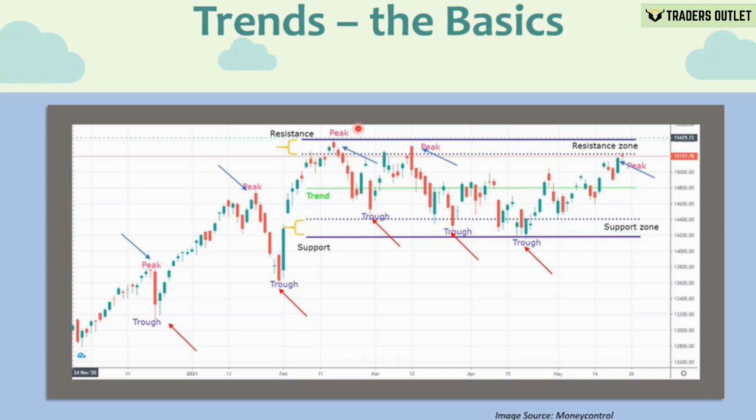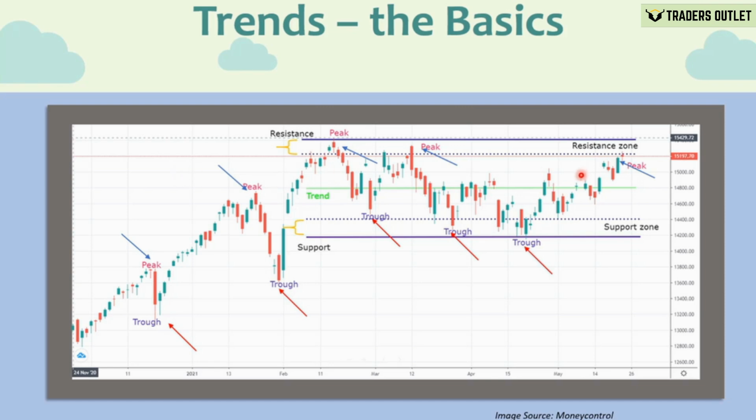When a resistance zone is broken and the price increases substantially and on a sustained basis over the resistance line, the resistance line becomes a new support line, because that's a mental barrier. So that is something we have to keep in mind.